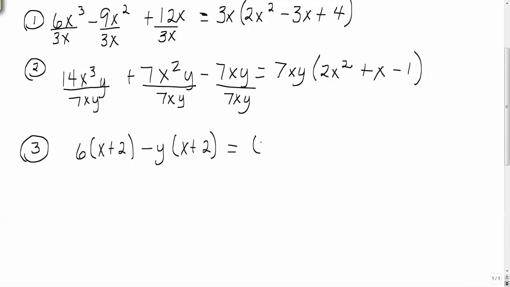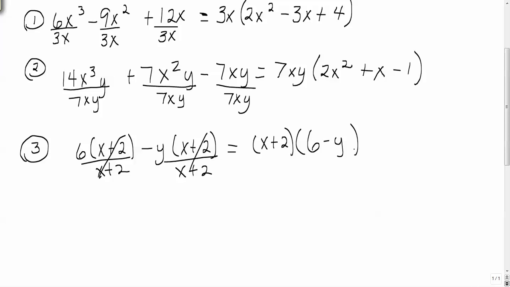That's what they have in common. Now if you divide each one by x plus 2, that would cancel and that would cancel, and you would just have 6 minus y left. So that's your answer, x plus 2 times 6 minus y. Make sure you have both of those in parentheses.